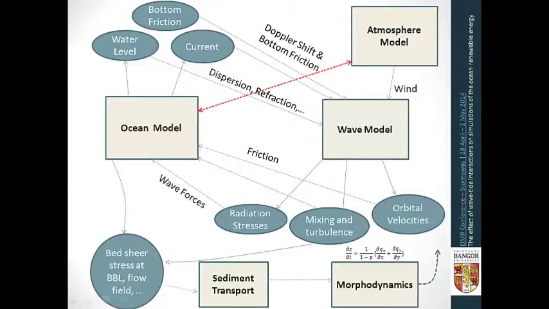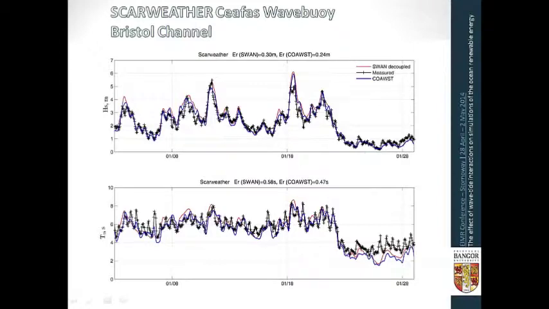However, I examined the SWAN model results at wave buoy sites where the wave-current interaction is important, which is the Scarweather wave buoy, located in the Bristol Channel. I was a little surprised that the model performance increased, I mean, got much better.